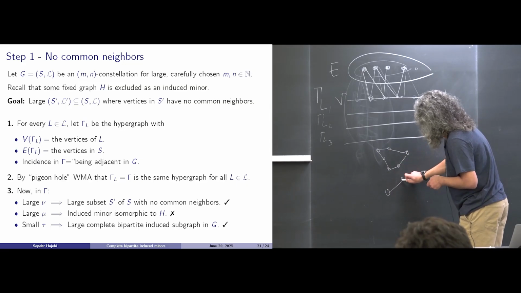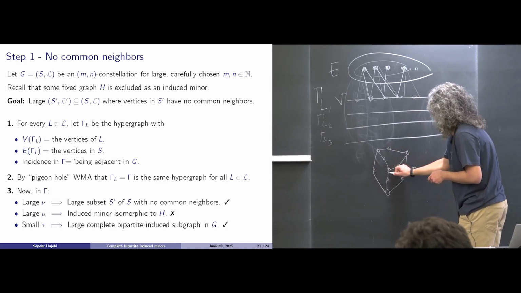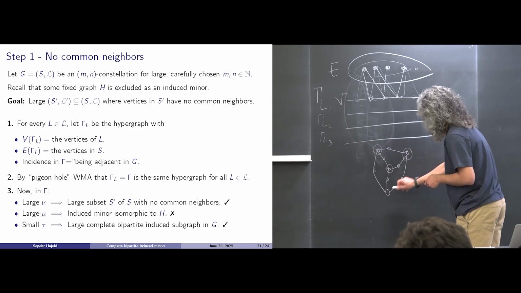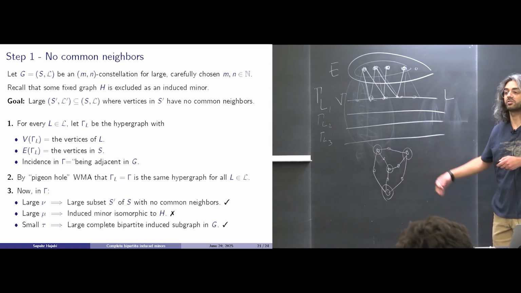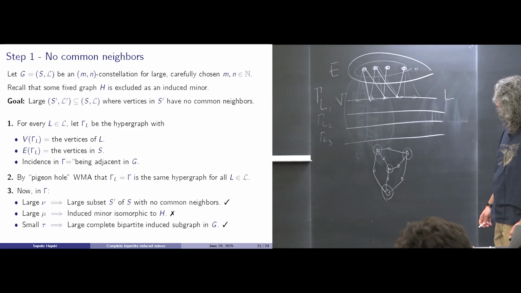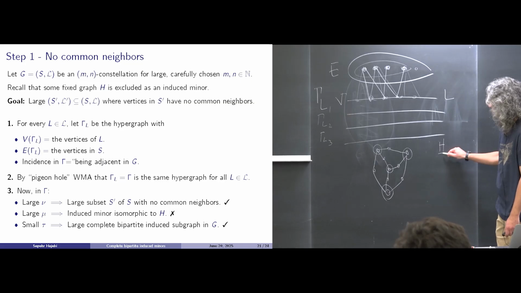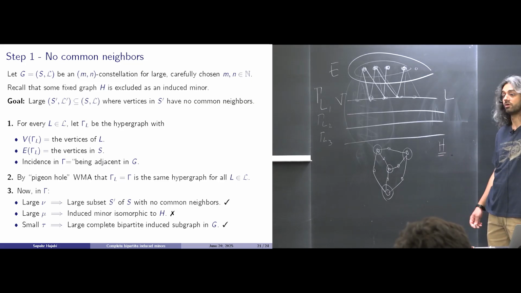So every edge is subdivided exactly once. And your graph contains this as an induced subgraph. And remember, we started with the assumption that some fixed graph H is excluded as an induced minor.